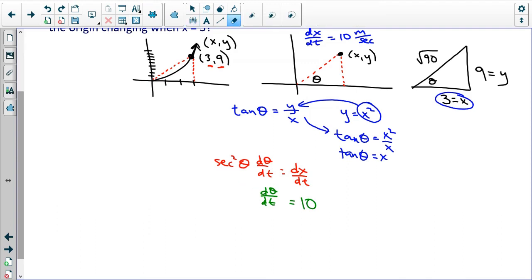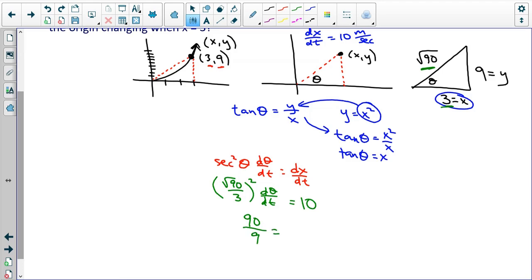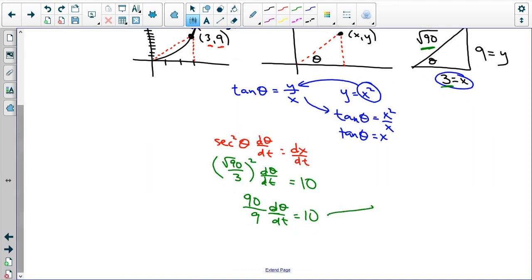But what I can do is replace secant, because I know secant is r over x. So I know that that's root 90 over 3. So I have root 90 over 3 replaces secant. And then I'm going to square that. So now I have 90 over 9, which is the same thing as 10, d theta dt equals 10. So if I have 10 d theta dt equals 10, that means that d theta dt is equal to 1 radian per second.